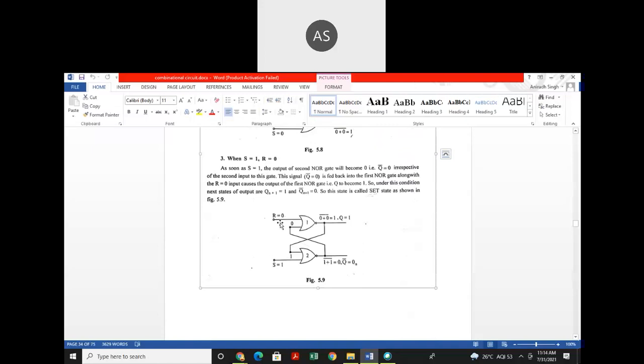And when R is 0 and S is 1, suppose that the previous state is 0.